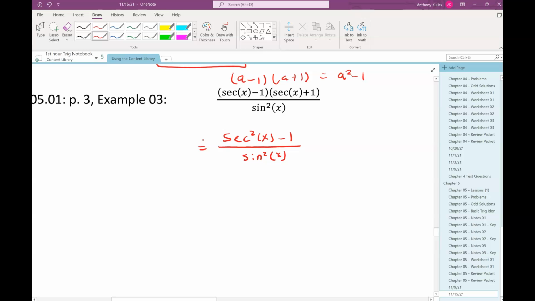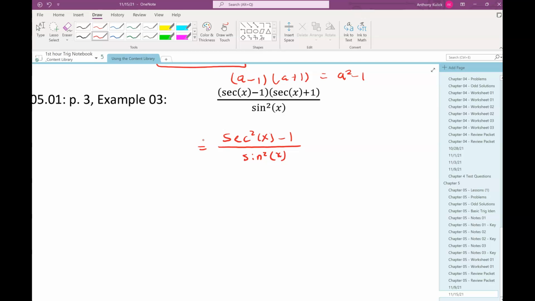Is everybody okay with what we did there? So I did use the difference of 2 squares multiplication pattern to do that foiling quickly in my head. You could have also FOILed that out by hand. Would not be wrong to do that. Everybody's good with that?